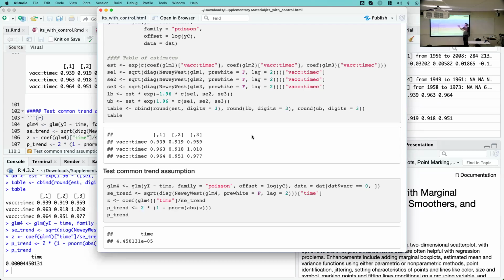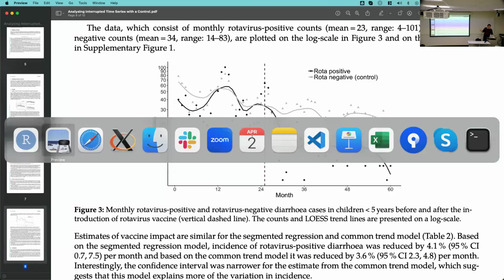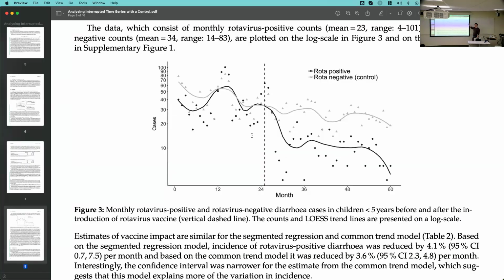Okay. So the paper talks about how this can go horribly wrong. And in general, this design with an explicit control group is much more golden, for lack of better words, than the design without. So that's really the key idea.